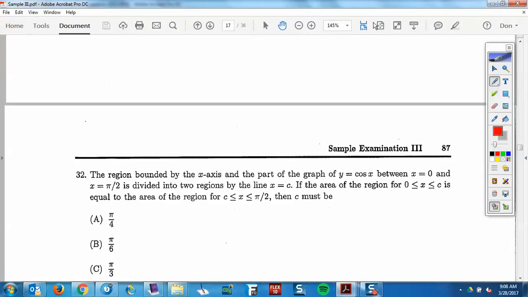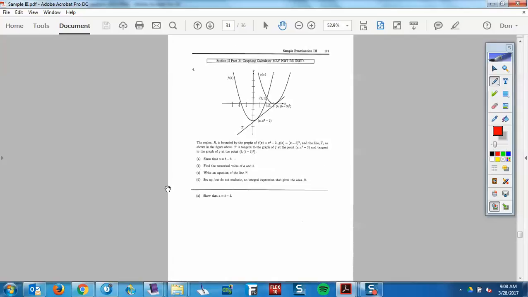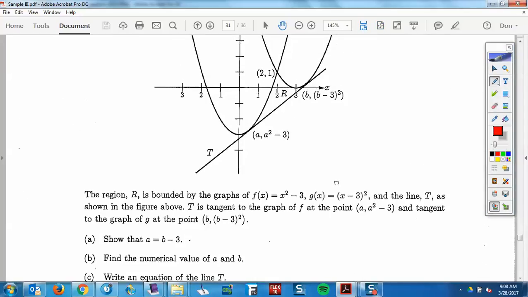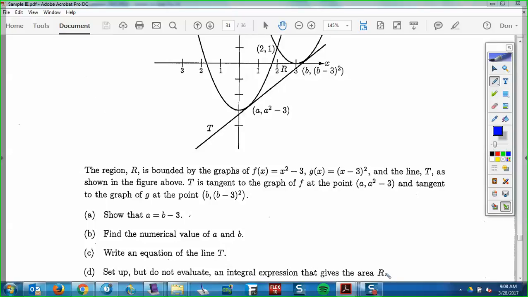And let's go to the 3 response. Alright, so it says set up, but do not evaluate an integral expression that gives the area R. Now is this a no calculator or calculator?